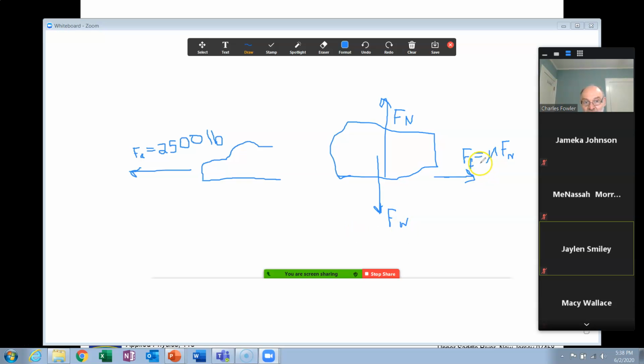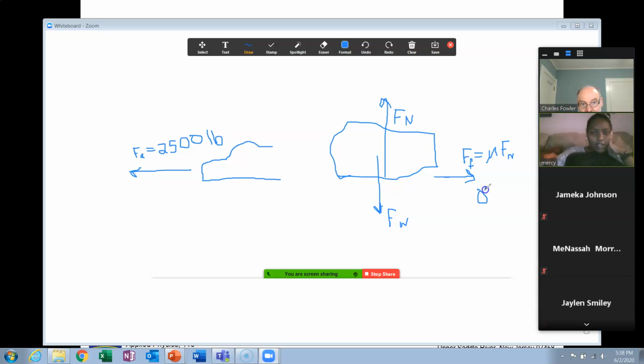So the frictional force will be 0.10. Now I'm going to write it the way the book did. 0.10. Now that's a dimensionless quantity. Okay? Now, I usually slash my zeros. I haven't been doing that because it's hard to do.